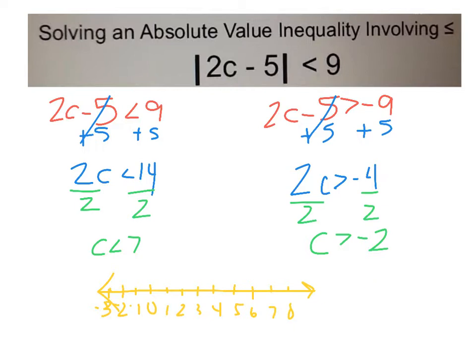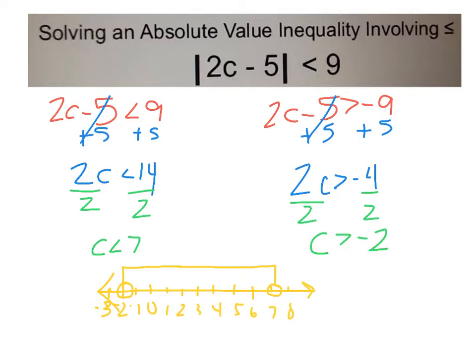So once again, we have an open circle at negative 2 with our arrow going to the right. But remember, with our and problems, there are no arrows because they're running together. And then at our 7, we're going to the left, and they meet in the middle.